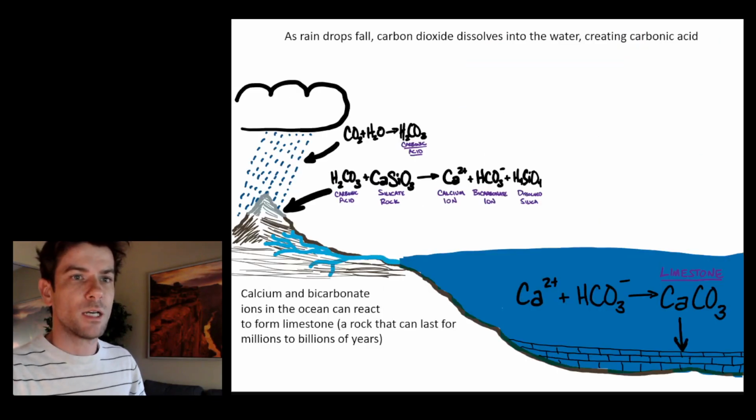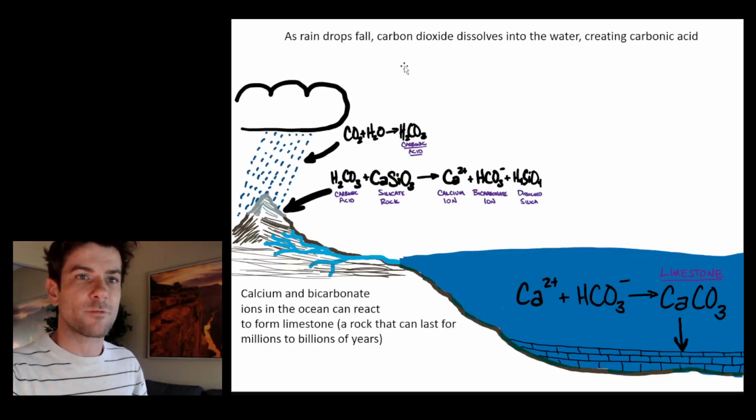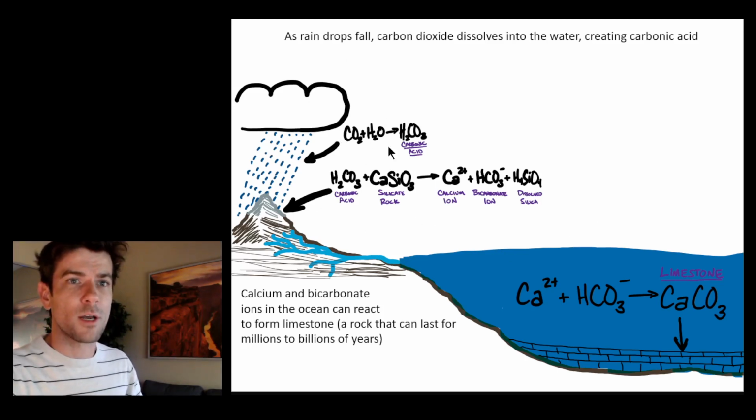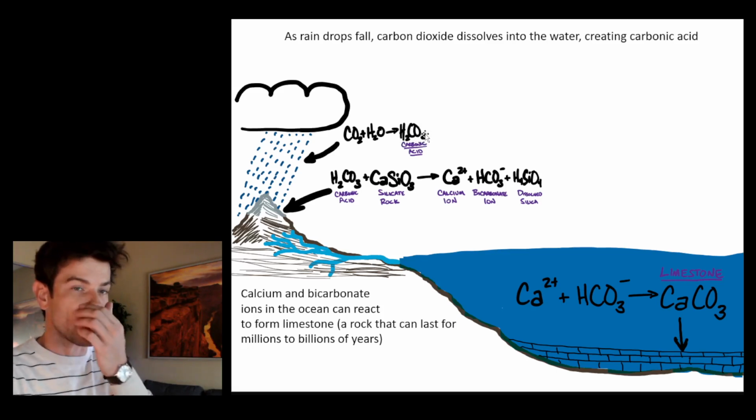That's distinct from the inorganic or long-term carbon cycle, where we have CO2 and water combining in the atmosphere to form carbonic acid. That's just what happens when CO2 dissolves into water. It first forms carbonic acid, which we talked about dissociating into the species HCO3, which is bicarbonate, and CO3, which is carbonate.